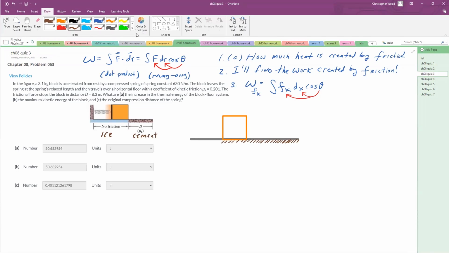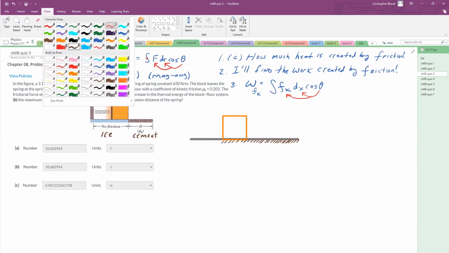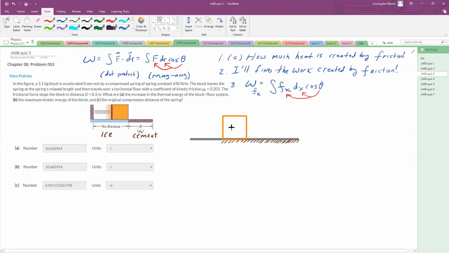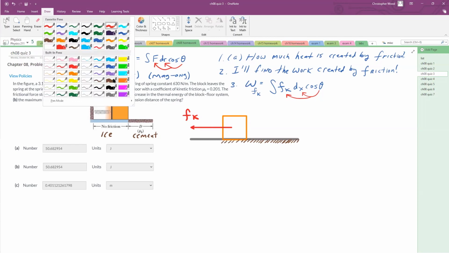As it's going along this friction patch, there's a friction force acting on it. And this friction always opposes velocity. So if it's moving to the right, friction is oriented to the left. So this is F sub k oriented to the left because the displacement is to the right.